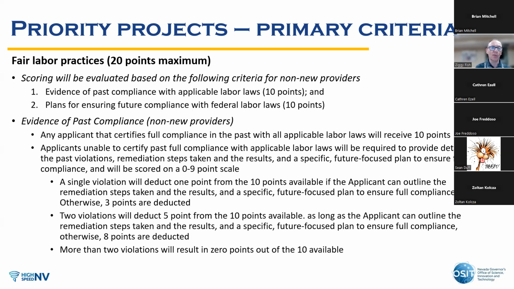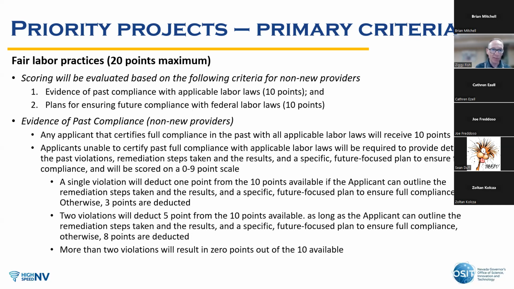So for the 10 points you can get for past compliance, if you've certified that you were in full compliance and you don't have any violations, you get the 10 points. So it's pretty simple. If you have followed federal laws and you don't have any violations, you'll simply get the full 10 points.